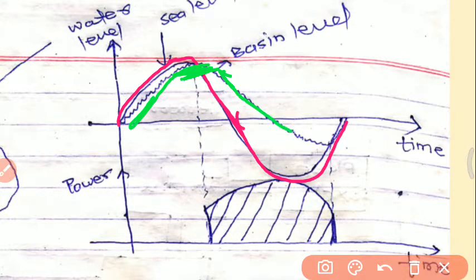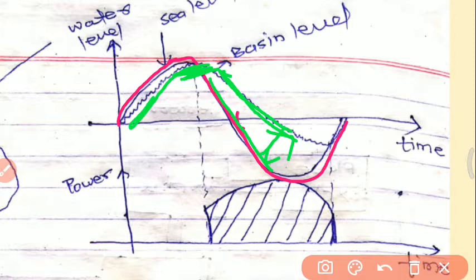But the water level of the ocean decreases at a higher rate than the water level of the basin. Here, this is the rate of decrement of the water level of the basin, and this is the rate of decrement of the water level of the ocean. This difference in the water level of basin and ocean is utilized to generate the electricity.